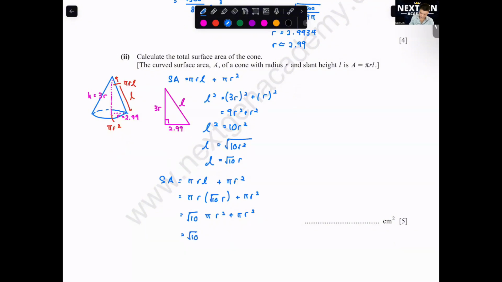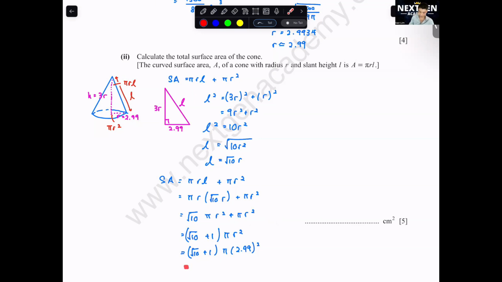Actually, you can do this as root 10 plus 1, pi r squared. r is 2.99. Or you can just add all of these up if you don't want to factorize like that. So calculate this: root 10 plus 1 times pi times 2.99 squared.